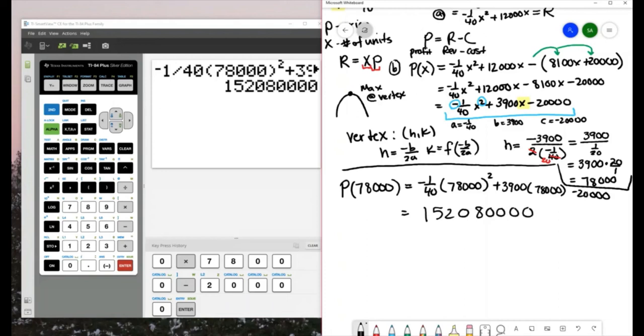Let's see what that number is. 152,080,000 is the maximum profit.